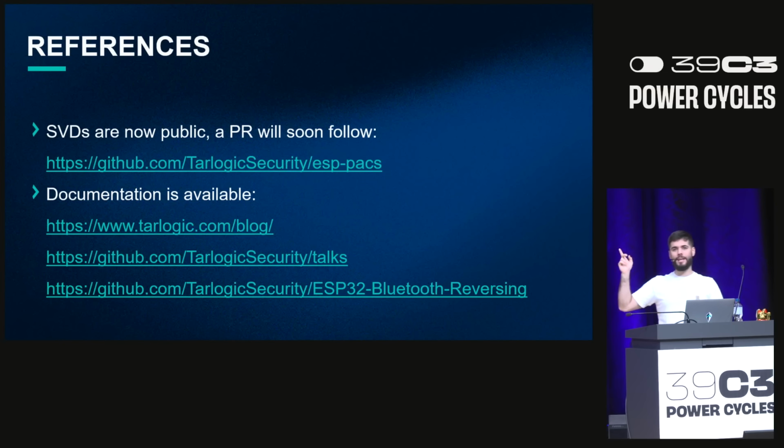The community ESP Rust PACs repo has gotten a pull request with the registers documented. There will be some blog posts about the process and the findings, and there will be another repository that will contain all the detailed information on the exchange memory, how to operate this peripheral, and the details on how this works in fine detail.